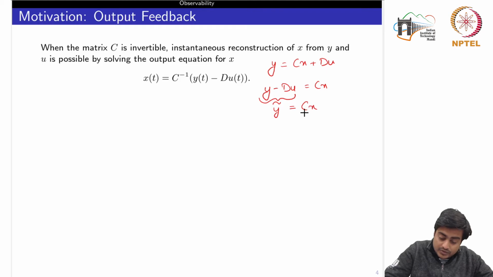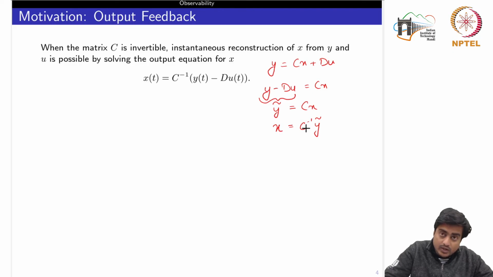Now if C is invertible, that is to say if the inverse of C exists, then I can perfectly reconstruct the signal x as C inverse times y tilde. Here the information of the matrix C is also known to me, and y tilde I have computed from the signals y and u.